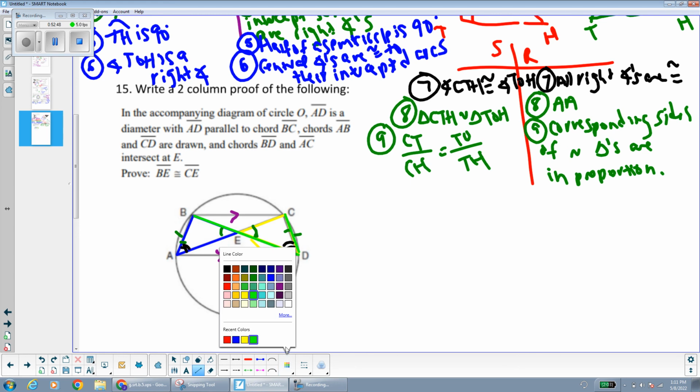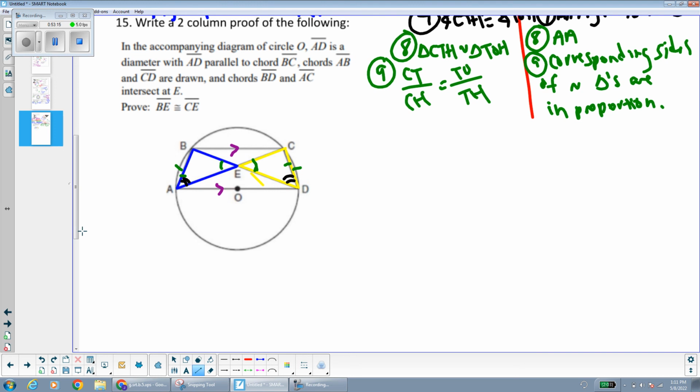And also, this inscribed angle over here is also opening up to arc CB. So inscribed angles that intercept the same or congruent arcs are congruent to each other. So I'll erase that so it's more clear. And now it looks like we have angle, angle, side. So we can prove the triangles congruent. After proving the triangles congruent, it's one more step to use CPCTC.